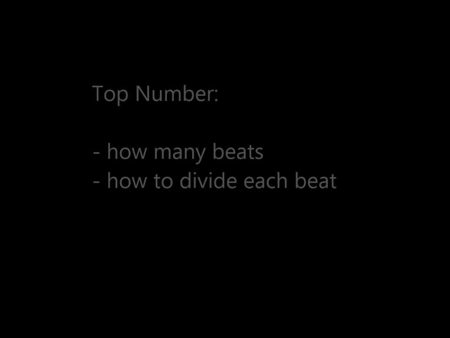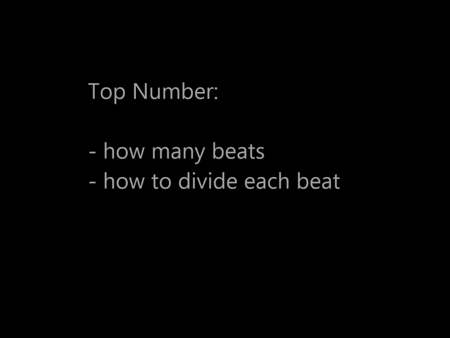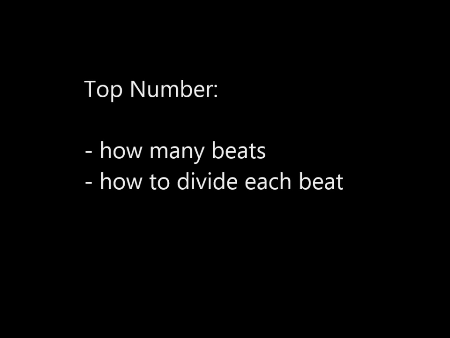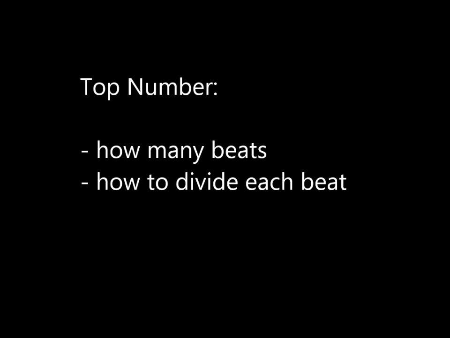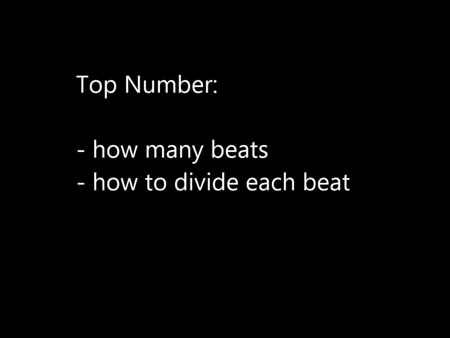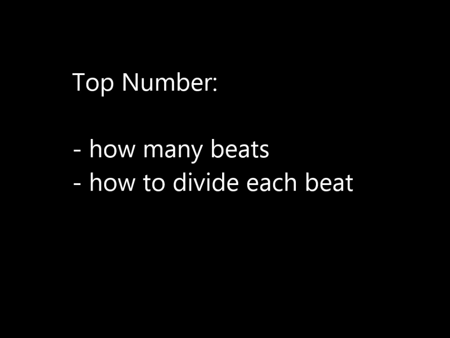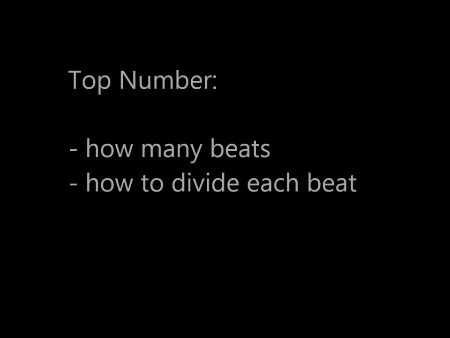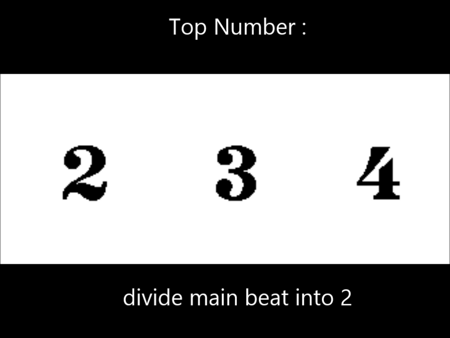What you might not realise though is that the top number of the time signature doesn't only tell you how many beats per bar there are, it also tells you how each of the main beats of the bar should be divided up into smaller units. So if the top number is 2, 3 or 4, this means that the main beat has to be divided into 2 equal notes.